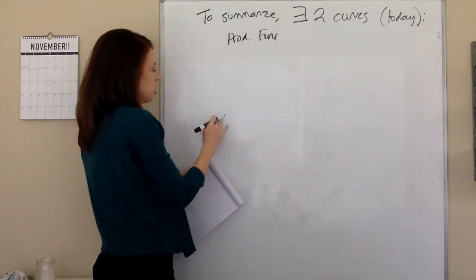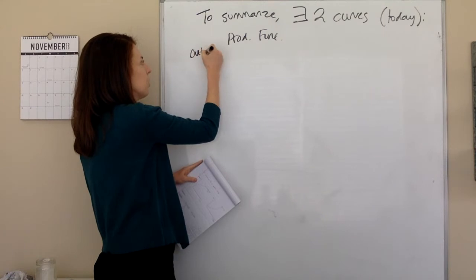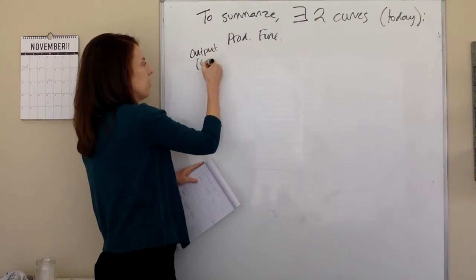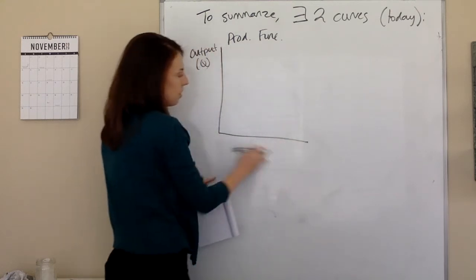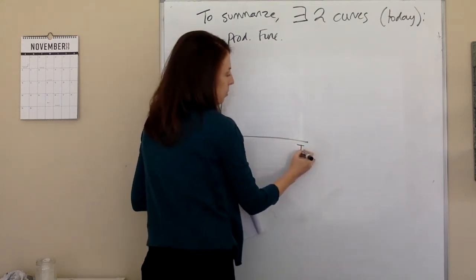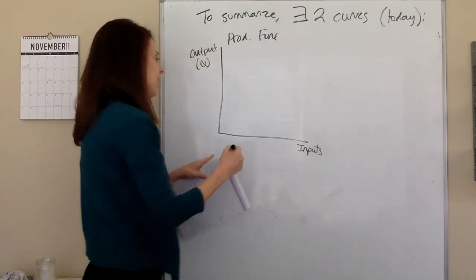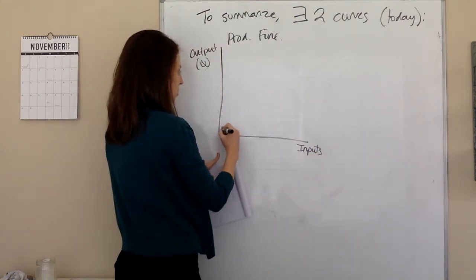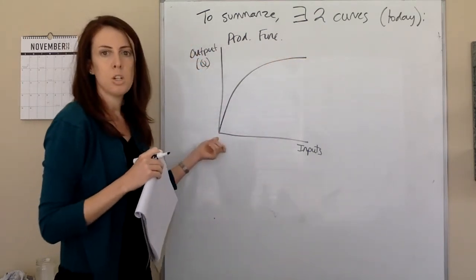Okay, the production function has along the vertical axis the output of the firm. So this is kind of like the quantity that they're producing, and it has along the horizontal axis the number of inputs. So this is kind of like the number of workers. And what we said is that this is going to have a slope that gets flatter and flatter to represent diminishing marginal product.